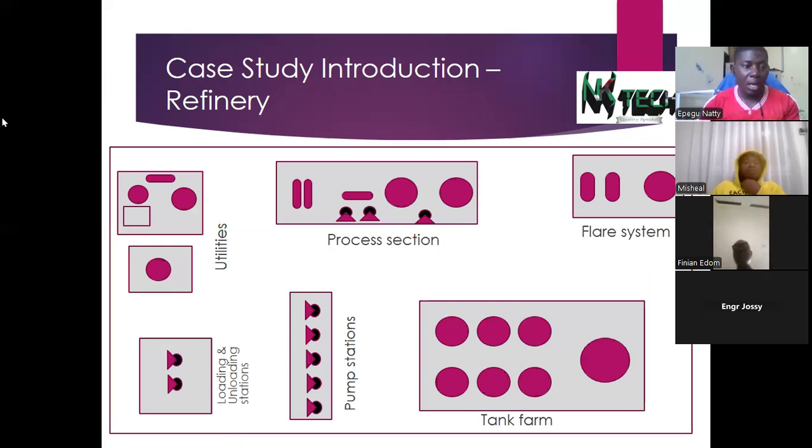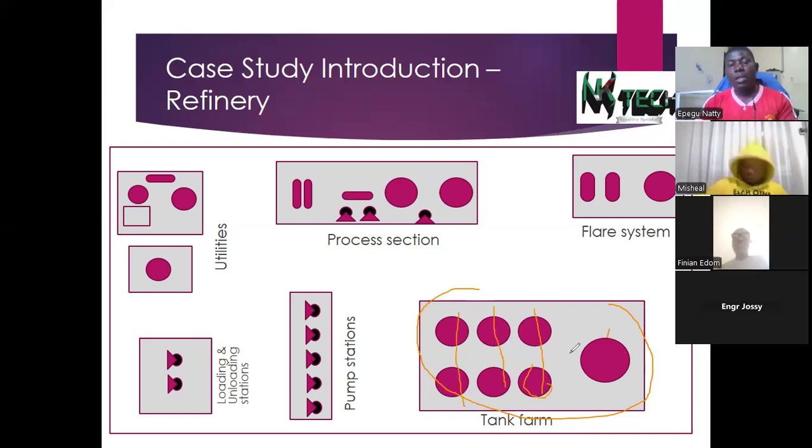A small refinery that has a tank farm. There is a tank farm here. And then for your tank farm, you have crude. You have, let's say, residue. You have diesel. You have naphtha. Okay. So if you want to draw your layout now, what do you do?